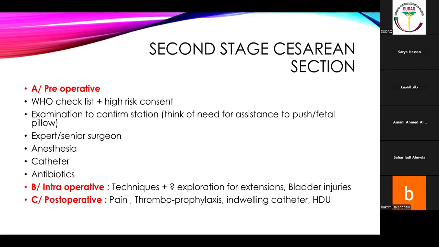Preoperative, what I need to do. Intraoperative, how can I reduce the complication, and postoperative management.